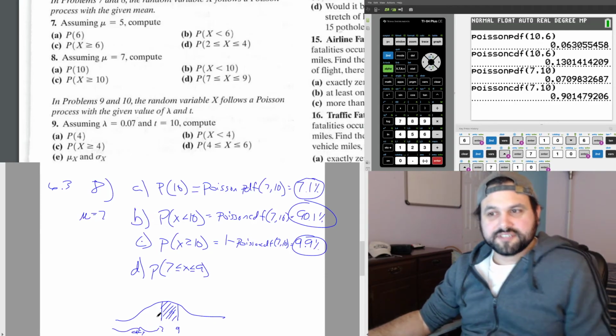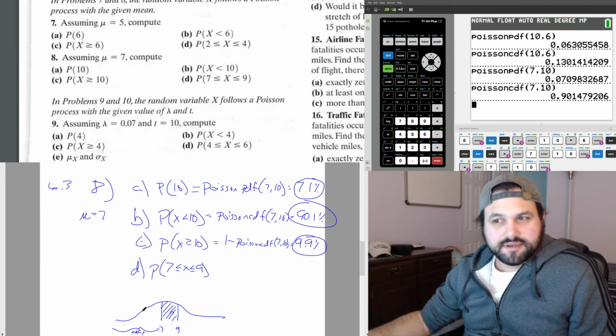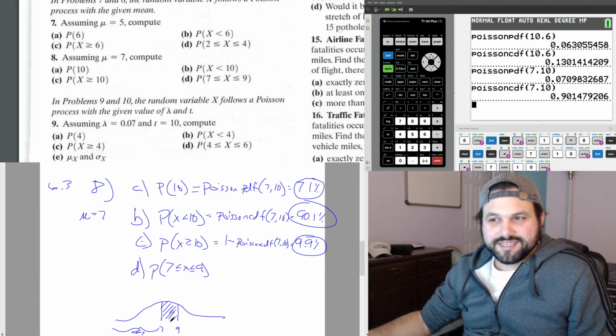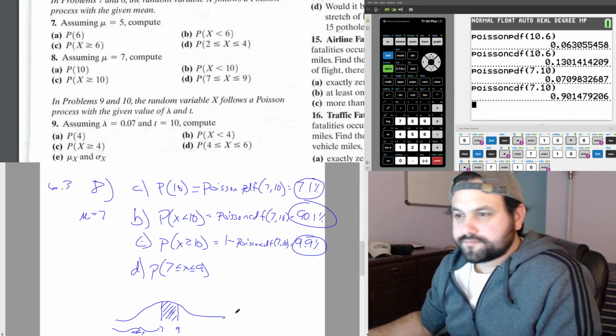The CDF for 7 gives me all of this. And hopefully we can see that what we want would be CDF 9 minus CDF 7, right? Because we take all this area and we subtract this area over here. Okay?